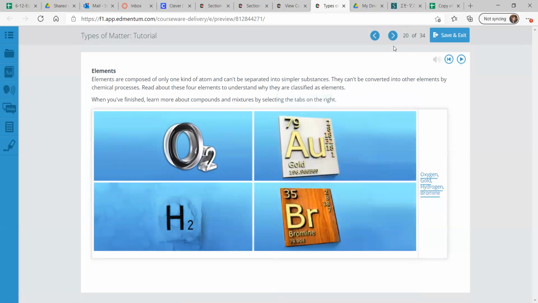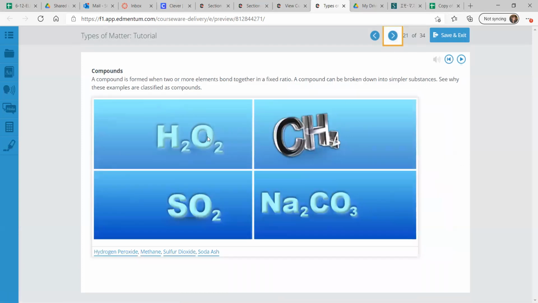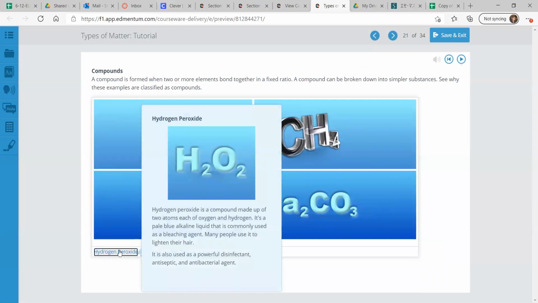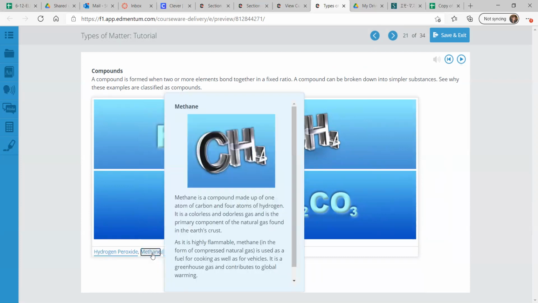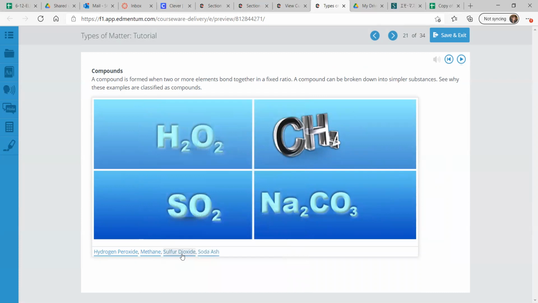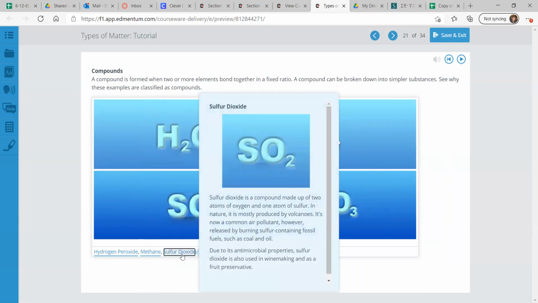All right, so those were the 4 examples of elements. We have the 4 examples of compounds. That's hydrogen peroxide, methane, one of the greenhouse gases that contributes to global warming, sulfur dioxide, another air pollutant, but it's also used for other uses like winemaking and preservatives.